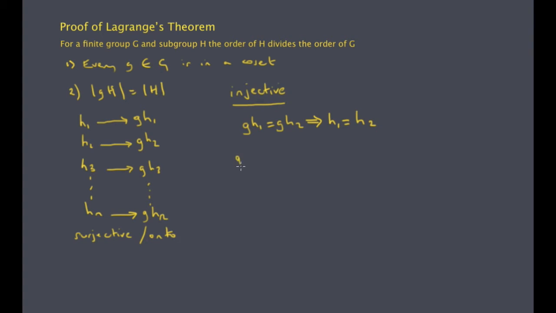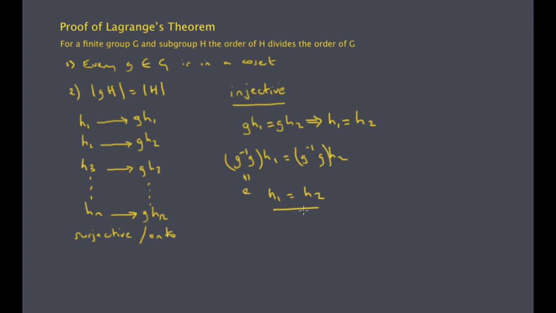We'll multiply on the left by g inverse, and because of the associativity of group multiplication, we can pair off g inverse and g, which is obviously equal to E, and we find that H1 equals H2.